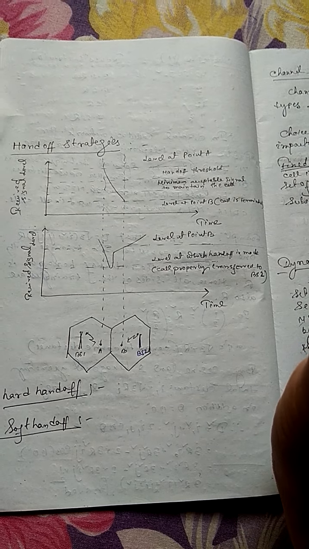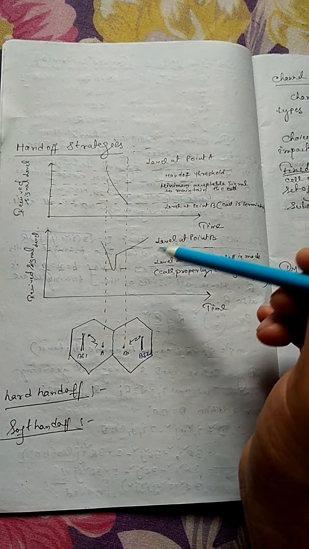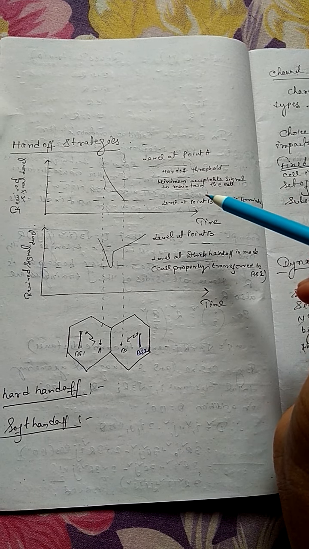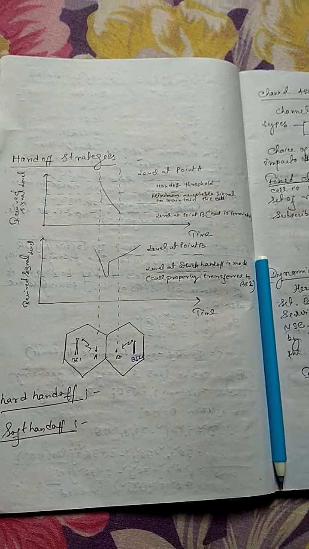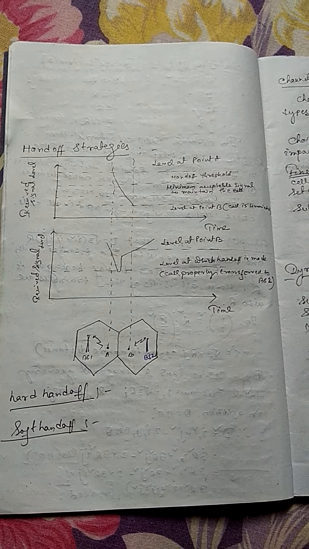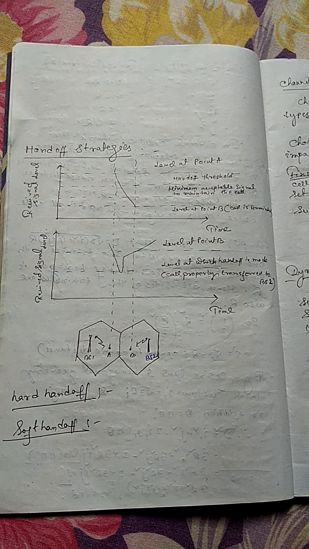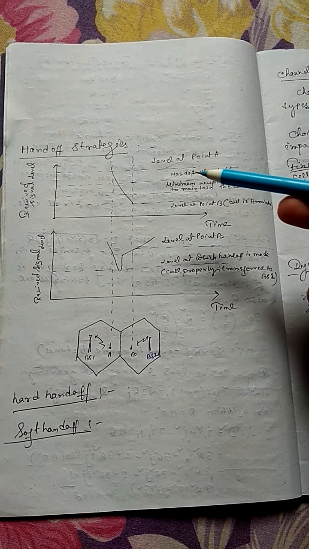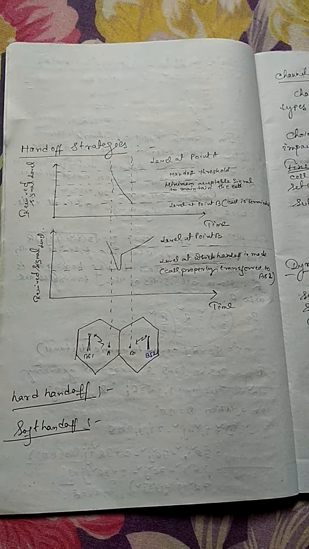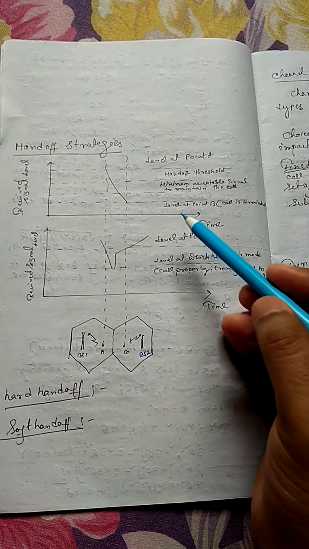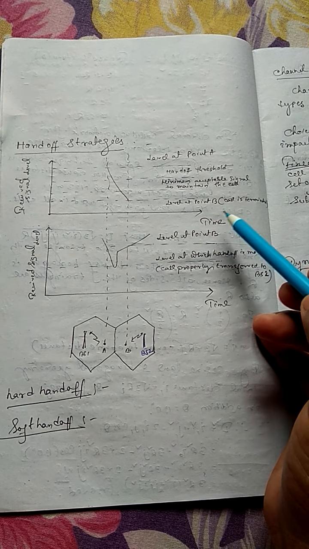What is handoff threshold? I will discuss that later. Next, the minimum acceptable signal to maintain the call. That means this is the minimum level of signal strength by which we can forward the call. If my received signal is below that level, then the call is cut or dropped. And this is the level at point B.